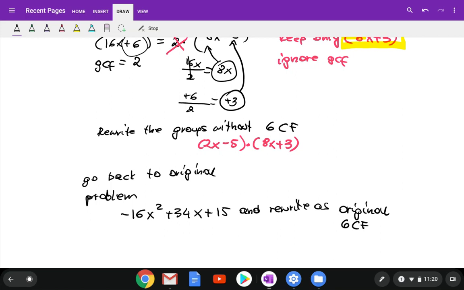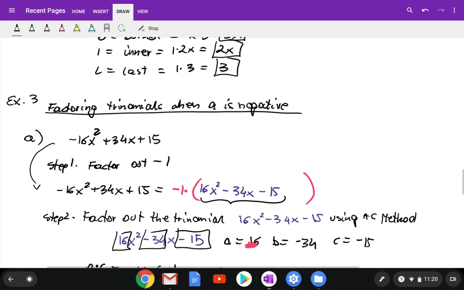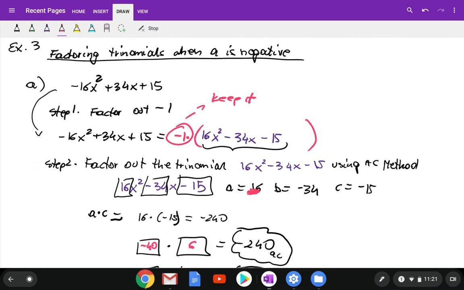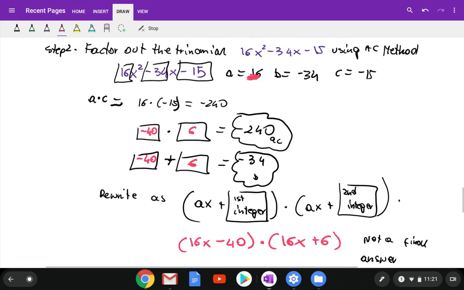Again, that original GCF. So let me go back to the original problem. We had to factor out that negative 1, right here. So you cannot skip it, this one you have to keep. I'm only skipping the GCF when I'm factoring a trinomial in the form ax squared plus bx plus c.